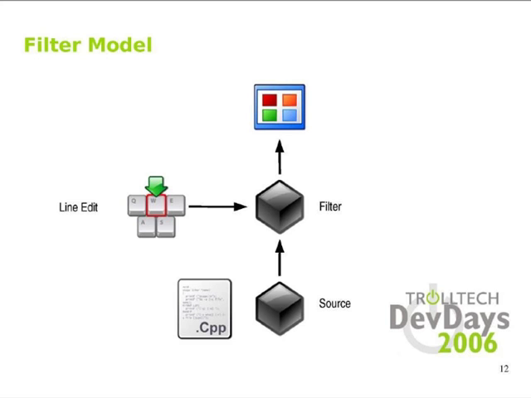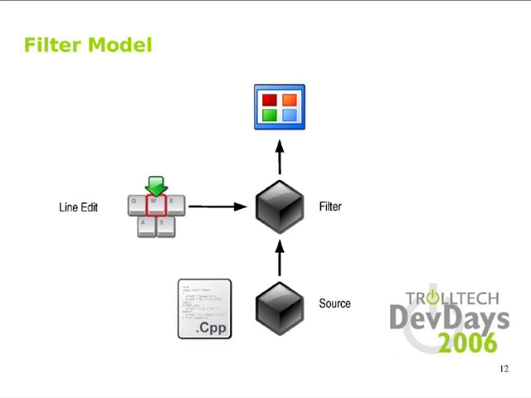So the line edit will define the filtering expression that I'm using. What I'm showing is a source model that's being filtered by a sort filter proxy model, and the result is shown in a list view.